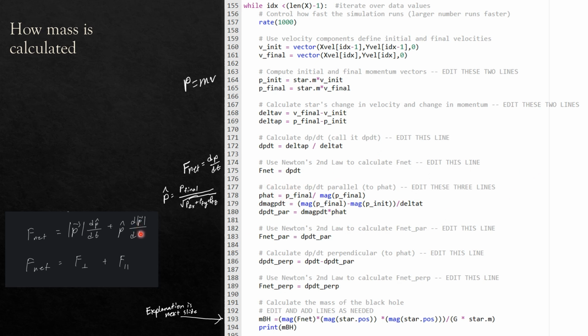This will directly translate to this piece right here. And afterwards, we found our perpendicular force by simply using F net minus the force parallel is equal to force perpendicular, because F net is equal to force perpendicular plus force parallel. So at the bottom right here, you can see that this is the code we use to find mass, which will be further explained in the next slide.